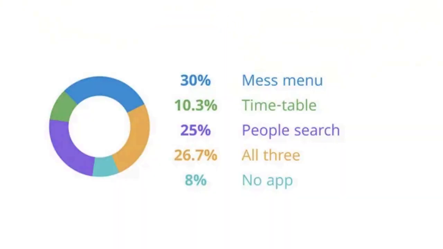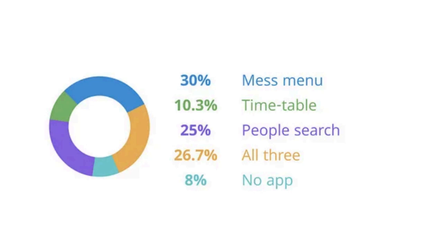And then for the analysis, the designer looked at the survey results and user personas to understand the users' needs. This helped him make better choices for the new design. For example, he found that around 30% of users check the food menu most of the time.